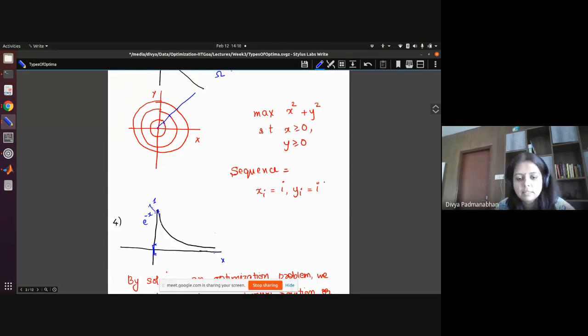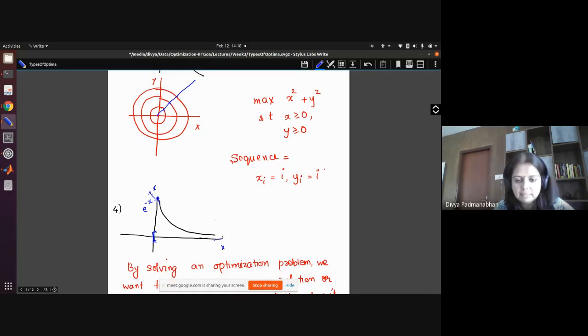And this is the form of the function. And this function is bounded. Okay, so it's always going to be greater than or equal to 0, but there is no minimum point here. Okay, so the function is bounded, the set is unbounded. And you're not going to have a minimum, you're only going to have an infimum. Okay, so these are different scenarios that arise.